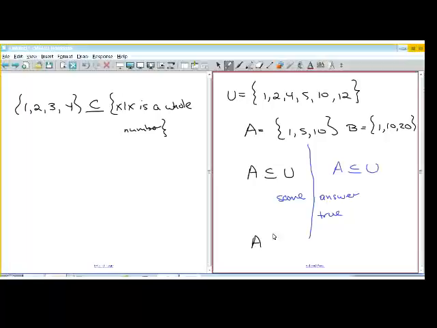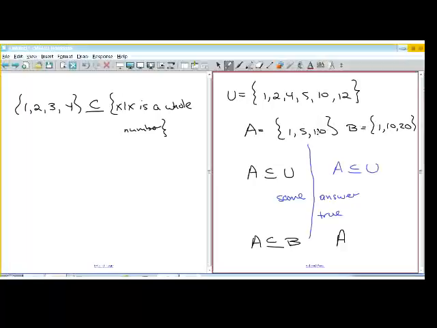So if I were to ask you to comment on the truthfulness of this particular statement, so if I said A is a subset of B, is that true or not? So you go over here and okay, I don't care what they said. Let me see what I say. So is every element in A in B?